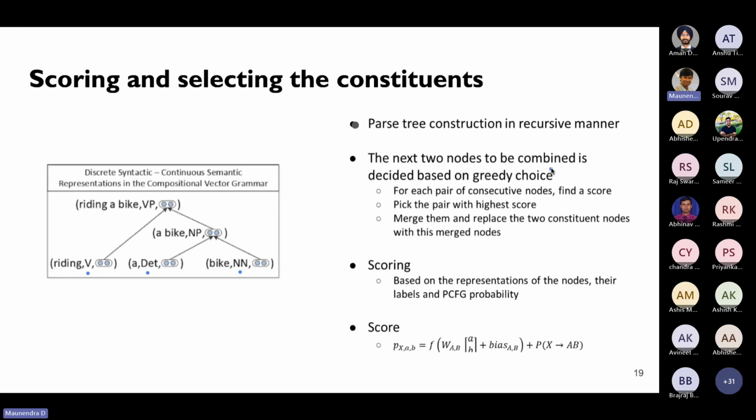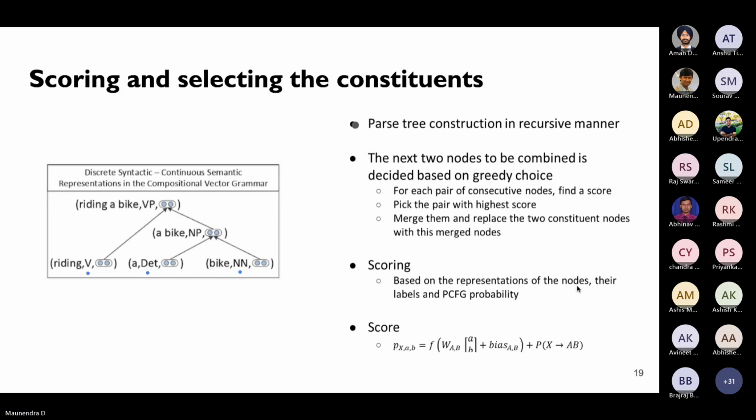The next two nodes to be combined are decided based on a greedy choice. For each pair of consecutive nodes, find a score. Here we will be finding the score between ride and bike. Pick the pair with the highest score. Suppose in this algorithm, a bike had a higher score, so we pick this one, merge them, and replace the two constituent nodes with the merged node. So we have one merged node here.